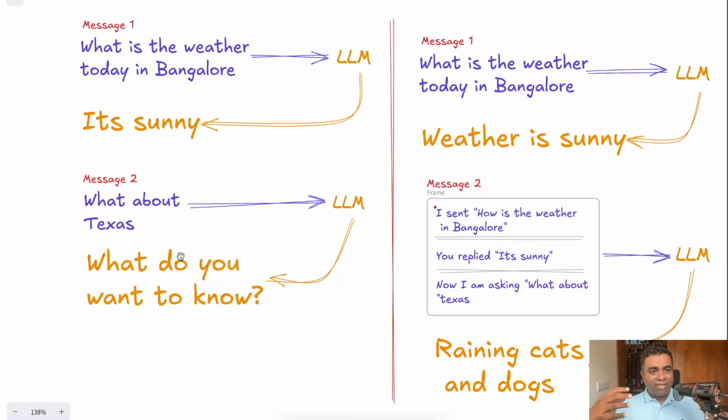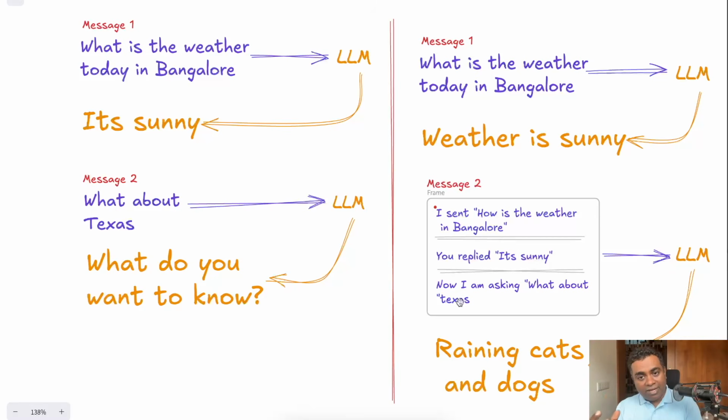We need a way in which we can link all of these conversations together. We say, what is the weather today in Bangalore? It replies back, the weather is sunny. And now, when I have to send a second message, I need to take my first message, take the response, and then add my second message and send whole of it as a message to the LLM.